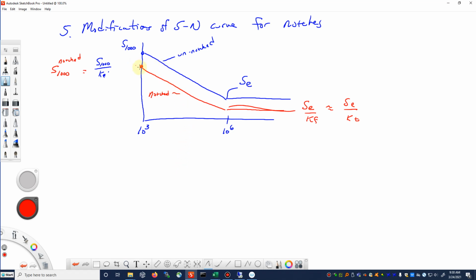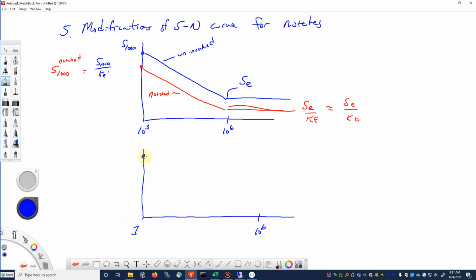These are not generally parallel, but there's a slight slope where there's more of an effect on the high cycle region than on the low cycle region. So I'm going to draw another sketch. But instead of going to 10 to the 3, I'm going to take it all the way to 1 cycle. Out here would be like 10 to the 6 again.